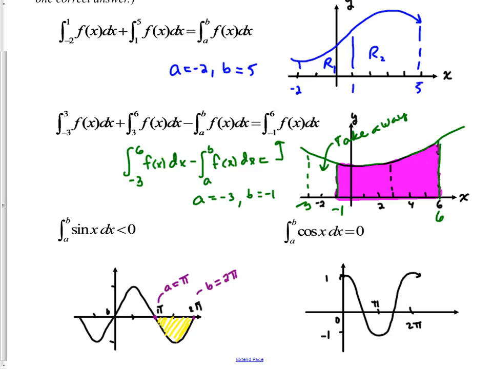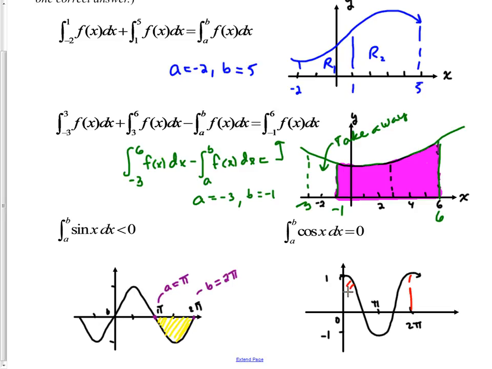The next group asks us to find an interval where the total integral is 0. Well, that's going to happen when the positive regions under our curve equal the value of the negative regions under our curve. And where would we look here?